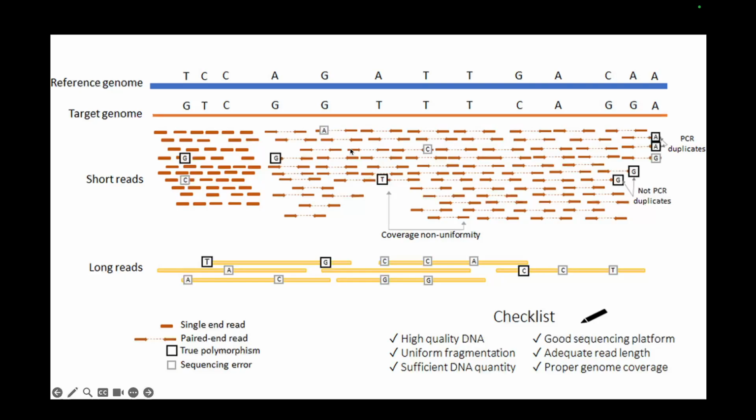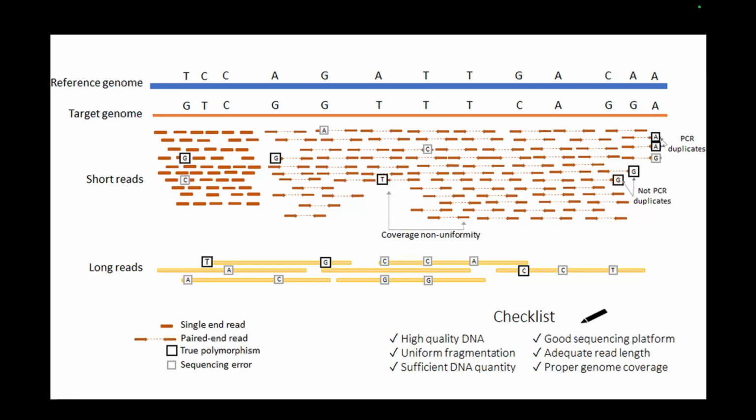If the depth in a particular region of the genome is quite high, say 5 times the average depth of the whole genome, and there is another region where the depth is 5 times lower than the average depth of the genome, what does that actually mean?